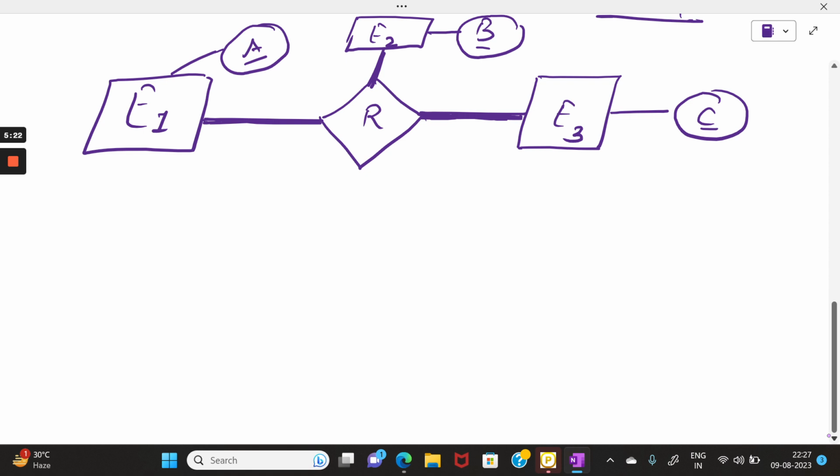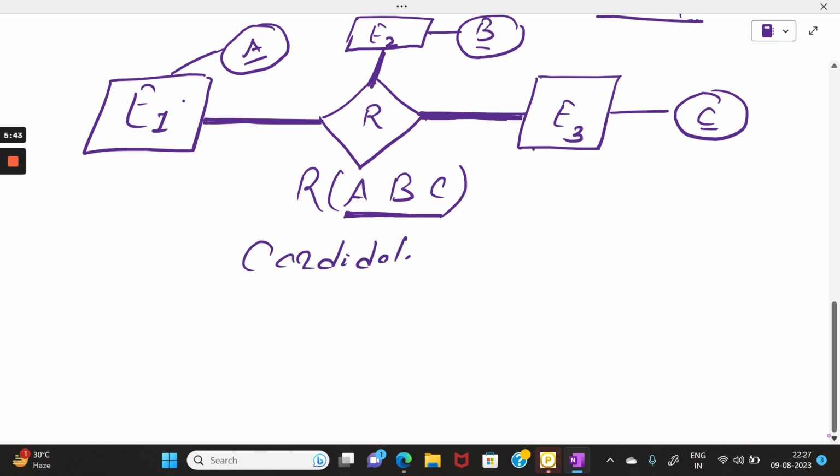When it is a many to many mapping, one or more entities of A are related to one or more entities of B, and the same goes for E3. So if it is asked what the candidate key for the relationship R is, it will definitely be A, B, C as a composite key.